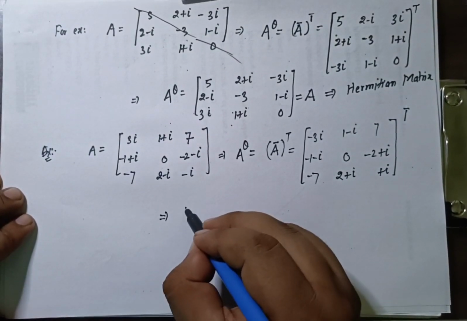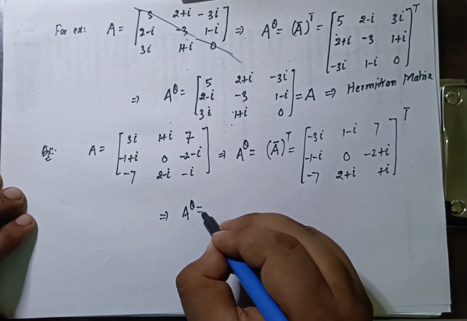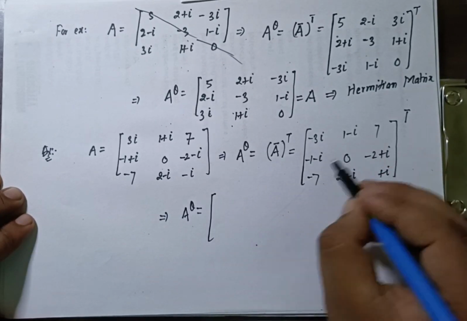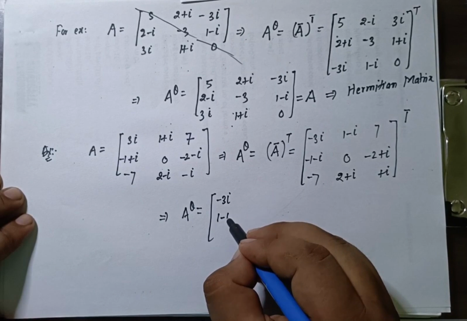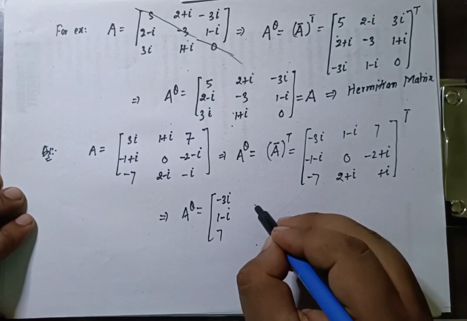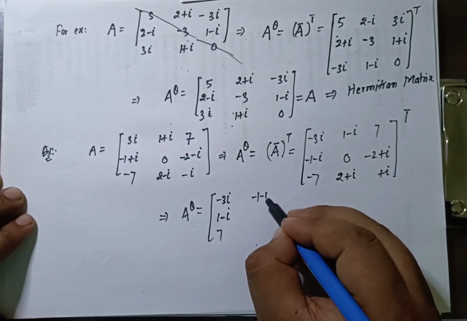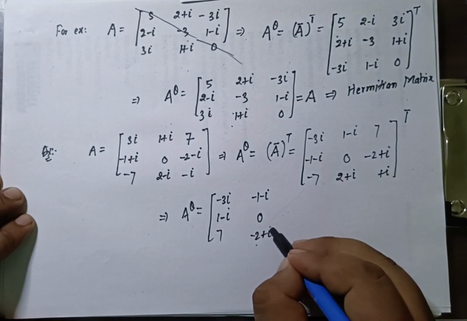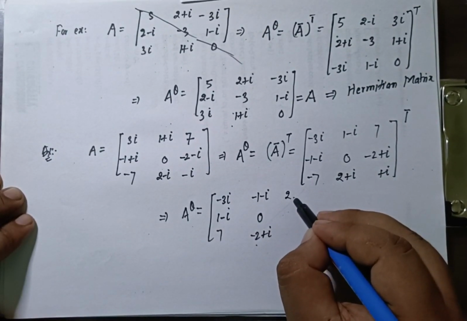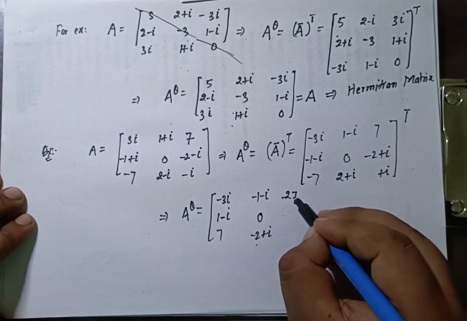Now this implies that A theta is equal to the first row converted into the first column: 3 iota, 1 minus iota, then 7, and minus 1 minus iota, then 0, then minus 2 plus iota, then 2 plus, sorry, it is minus 7, right?